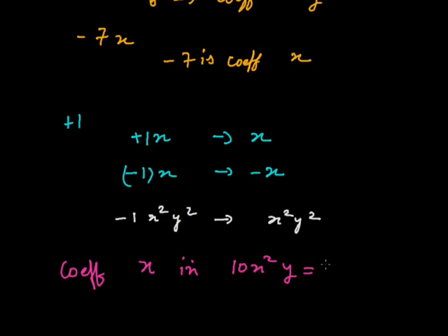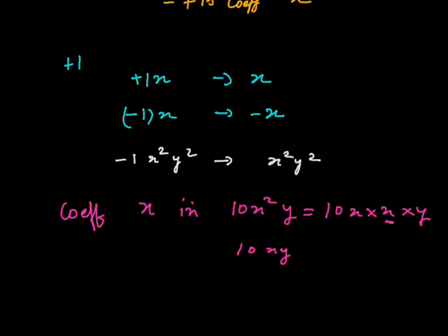That is, we can write it as 10x into y. So we will leave one x, and the remaining part will be the coefficient of x. That is, the coefficient of x in the expression 10x square y is 10xy.